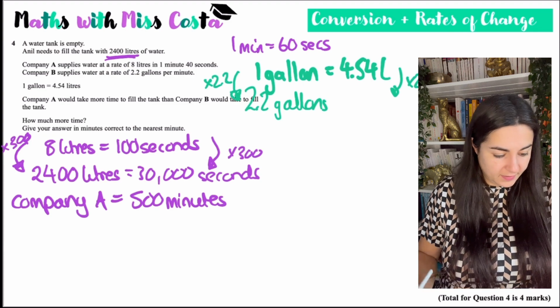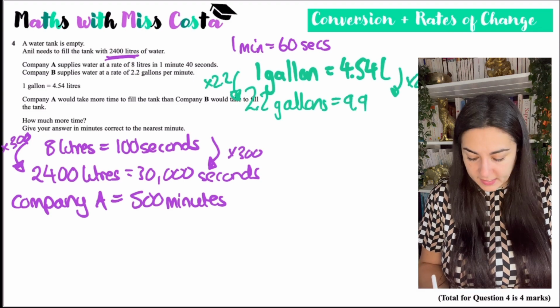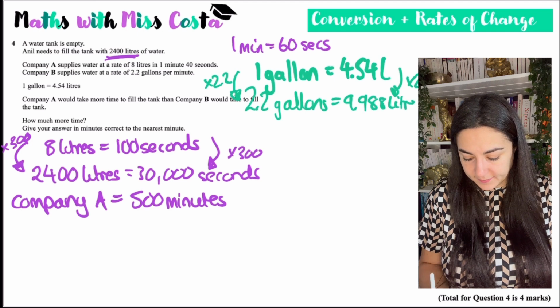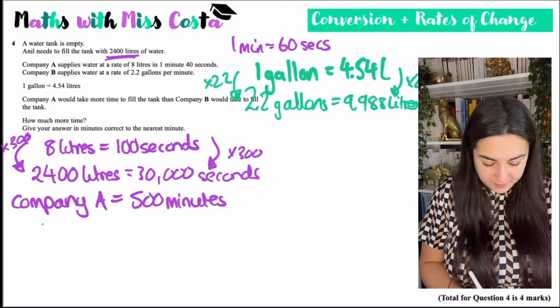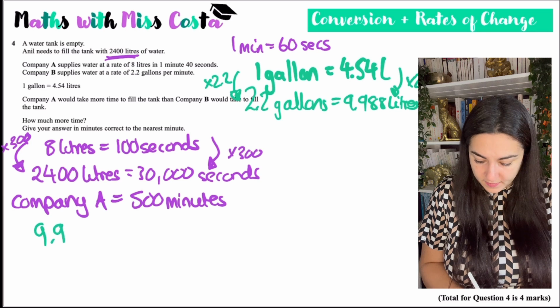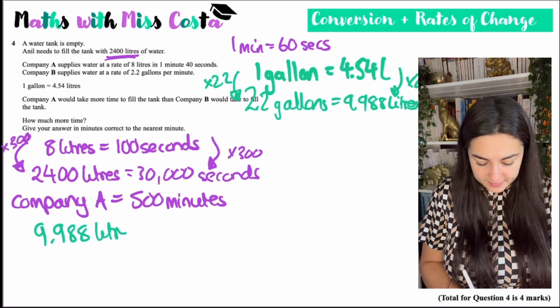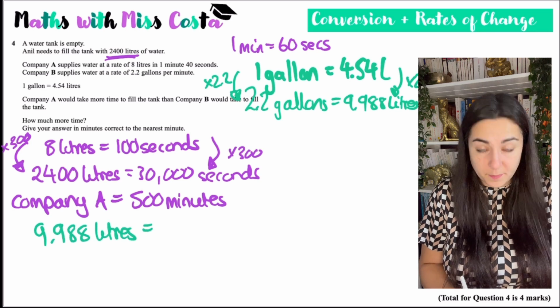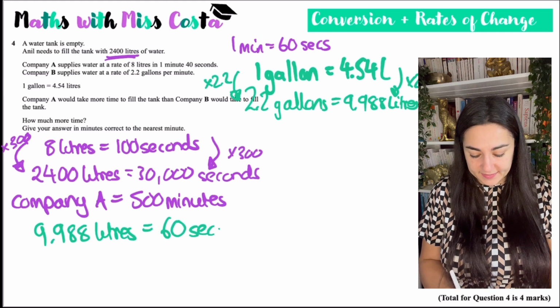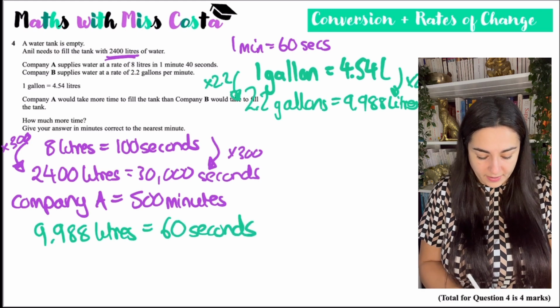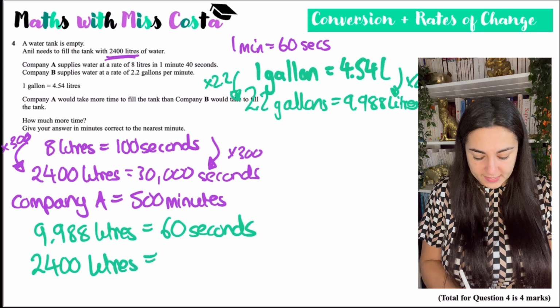is 9.988 litres. Okay, so company B does 9.988 litres per minute, so that's 60 seconds. We want to figure out how long it takes to fill up 2,400 litres.